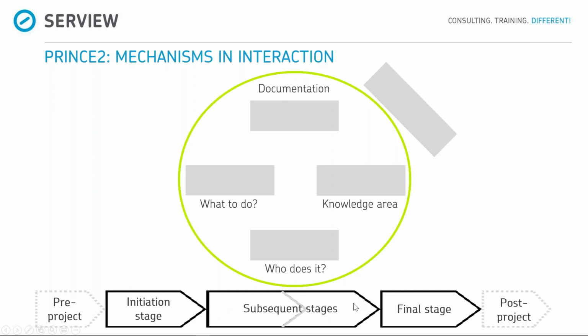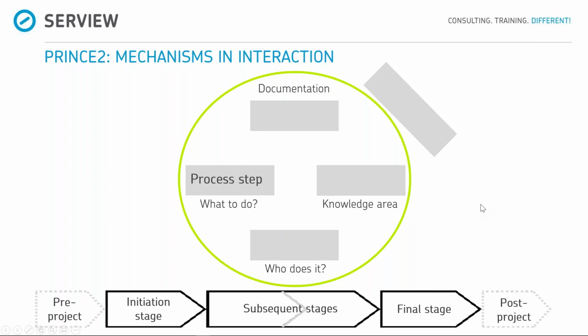This will be in the subsequent stages, and then in the final stage where we wrap things up and make sure that we met all of the specifications and goals that we set up in the initiation stage. So it will really follow us from start till end, and even a bit in the post-project where we will then start to measure benefits. Oh yes, we measure benefits. So we are going to be quite detailed there as well, and we will have some benefits measurement review documentation going on. So what does that mean?